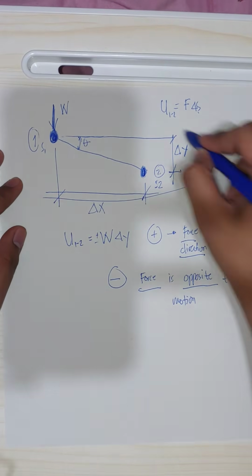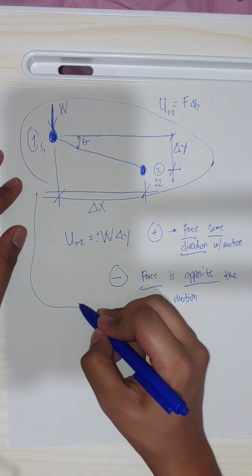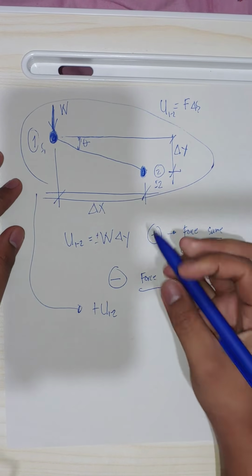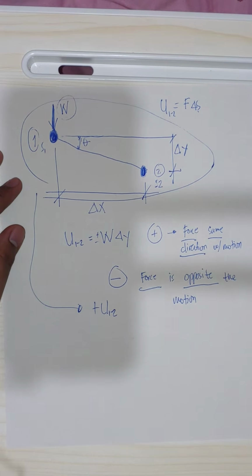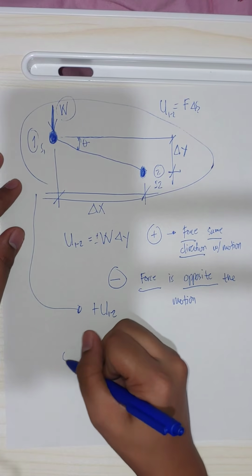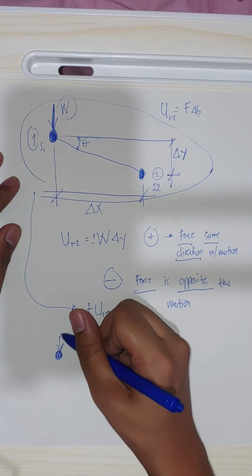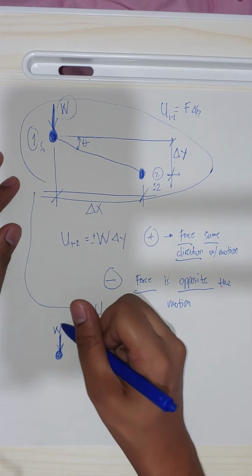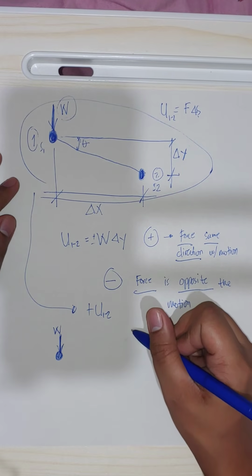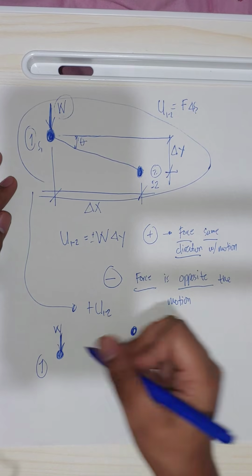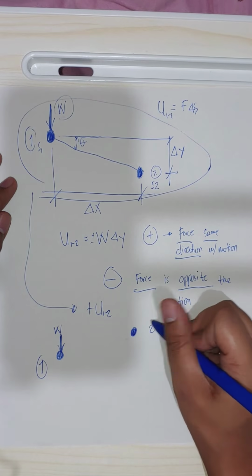So from this example here, we obtain a positive work due to the weight of the particle. What if there is a particle here, and let's say it has a force over here, the weight again, denoted by W. This is our starting position, and this is our final position.